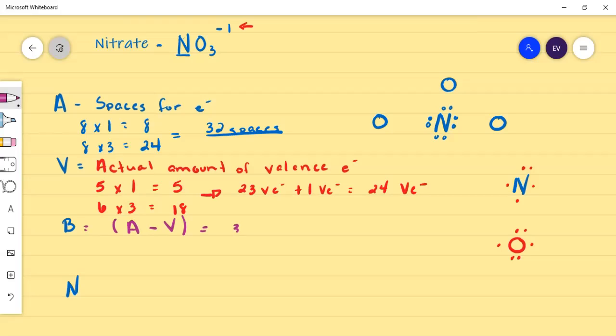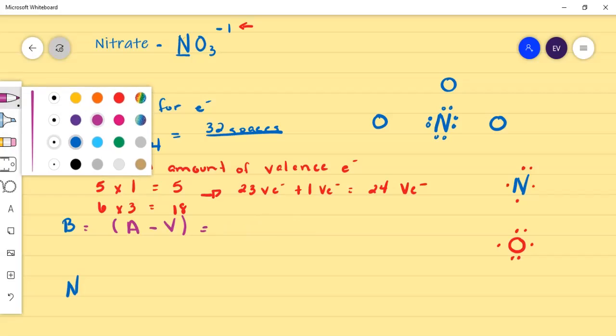A, we know that we have 32 spaces. We want to just abbreviate spaces. We calculated in our V that we actually have 24 valence electrons. Just to keep this together, let me go ahead and change the color.